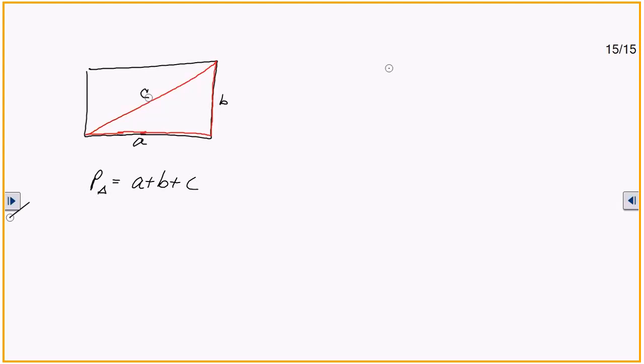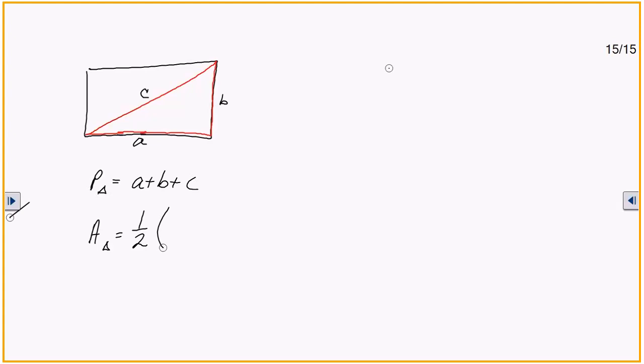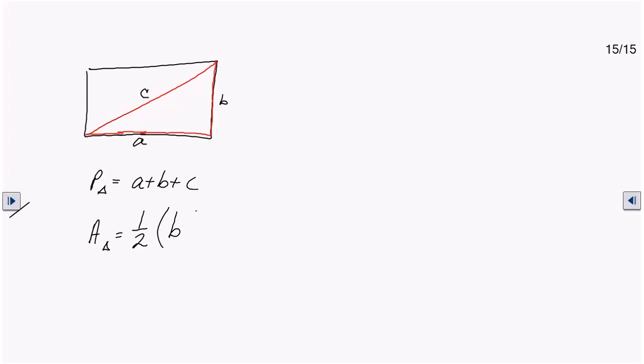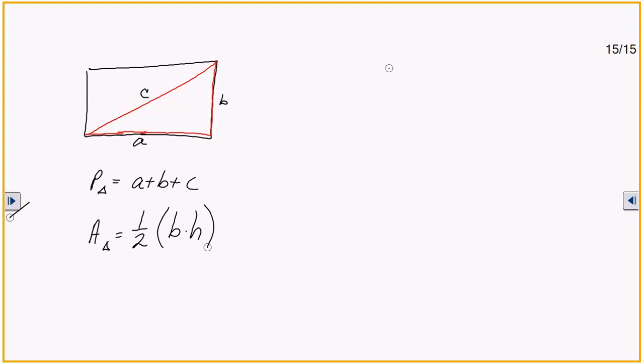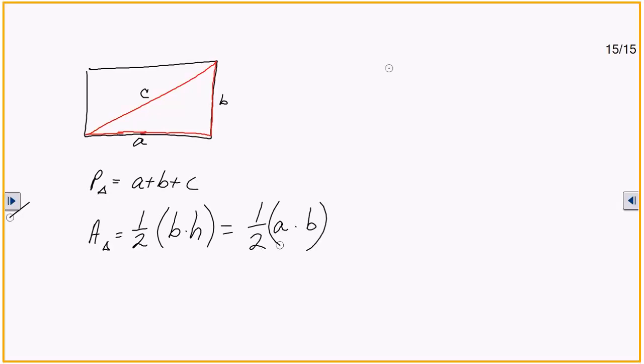The area of a triangle is equal to 1/2 length times width, or 1/2 base times height. I don't care what you call it, that's fine. Or in this case, 1/2 A times B, since I've labeled these A and B.